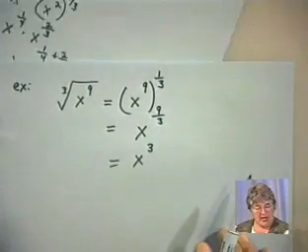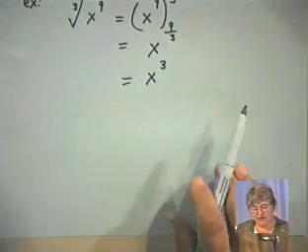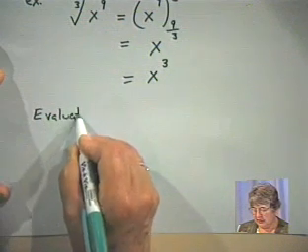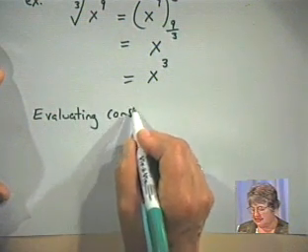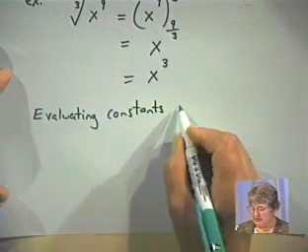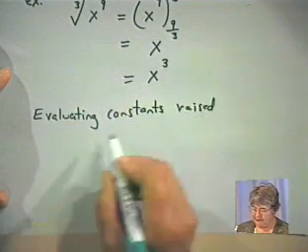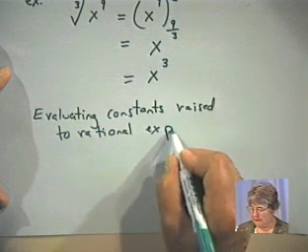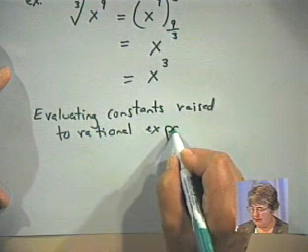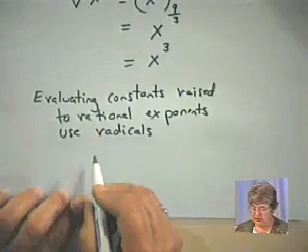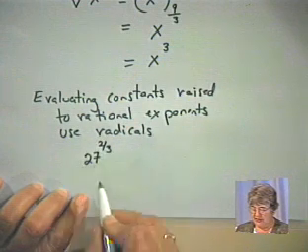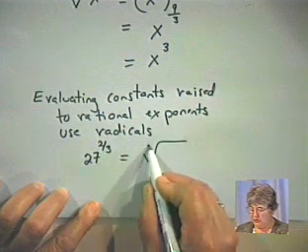Okay. All right, to recap then, I would encourage you to do the following. When you are evaluating constants raised to rational exponents, for example, we saw earlier when we have 27 to the 2/3 power, we can say this is the cubic root of 27, squared.